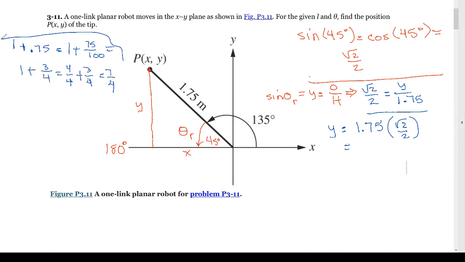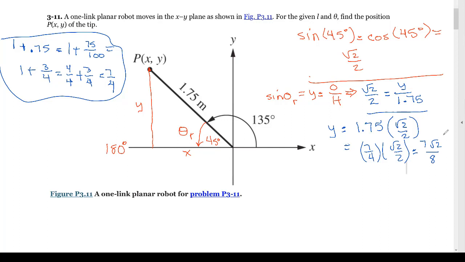This is just a side note in case anybody's confused. So I'm changing this to 7/4 times the square root of 2 over 2, which is equal to 7 times the square root of 2 over 8.